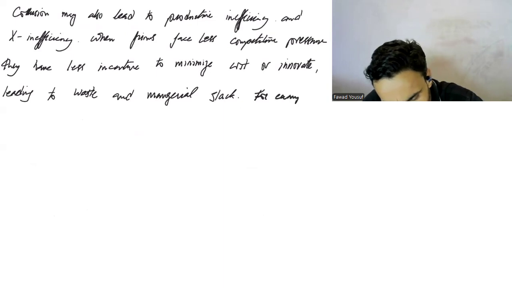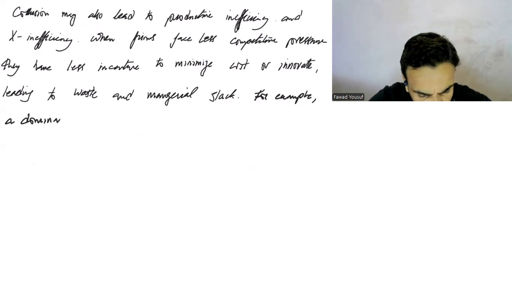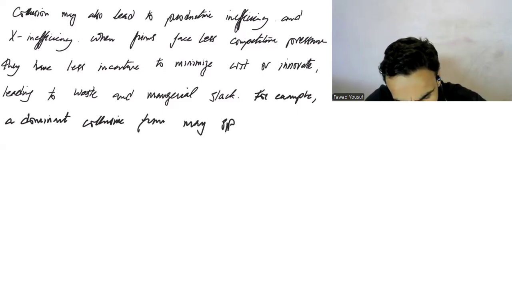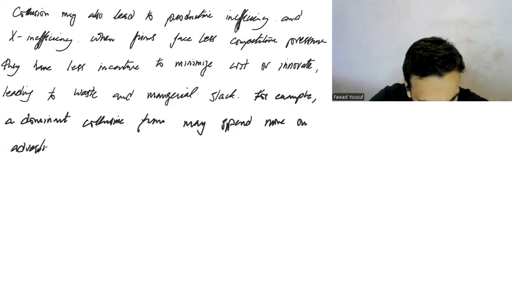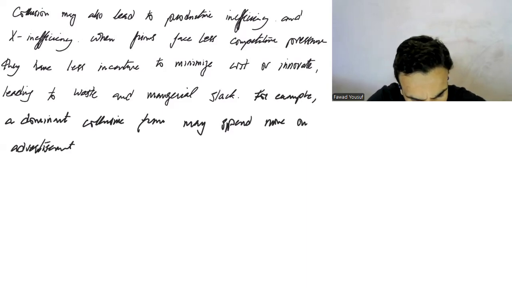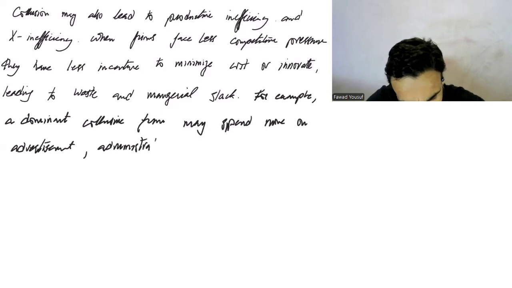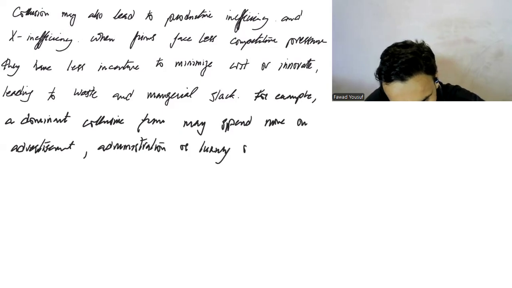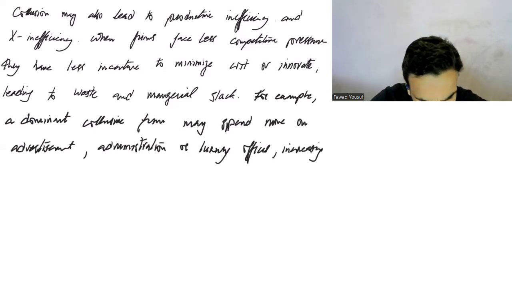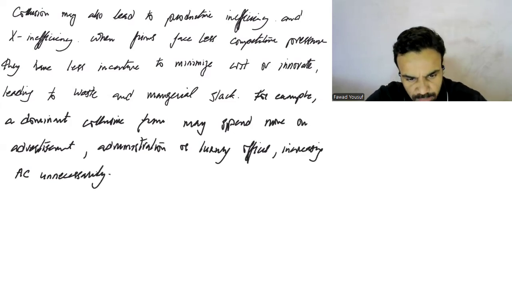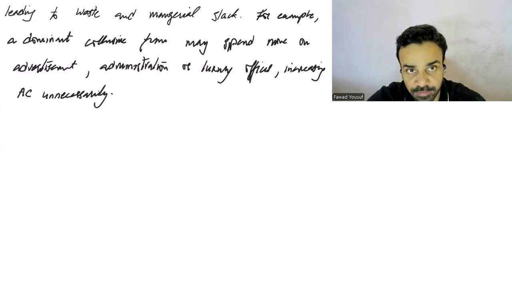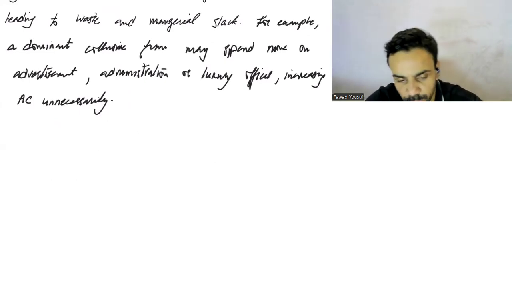So, for example, a dominant collusive firm may spend more on advertisement, administration, or luxury offices, increasing average cost unnecessarily. right? ये X inefficiency होती है, by the way, जो wastages आप end up doing.